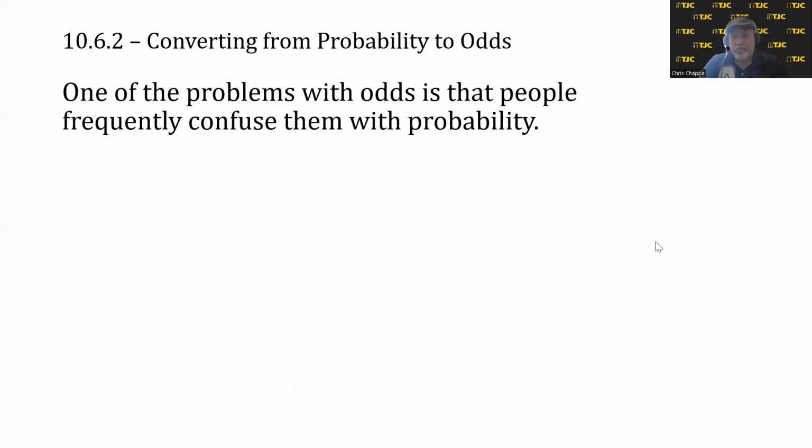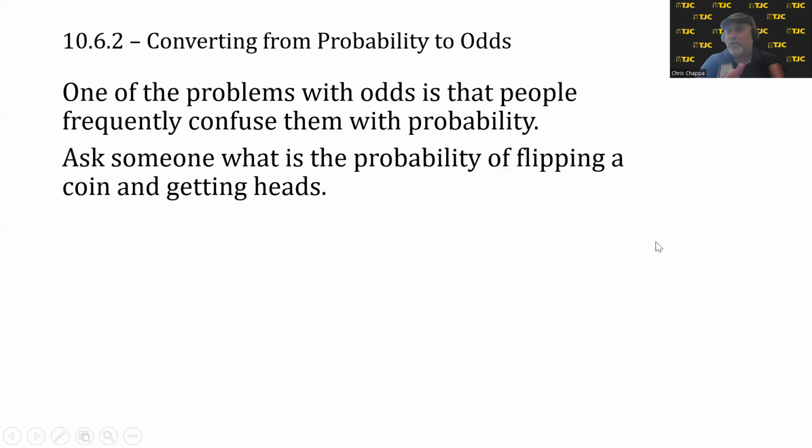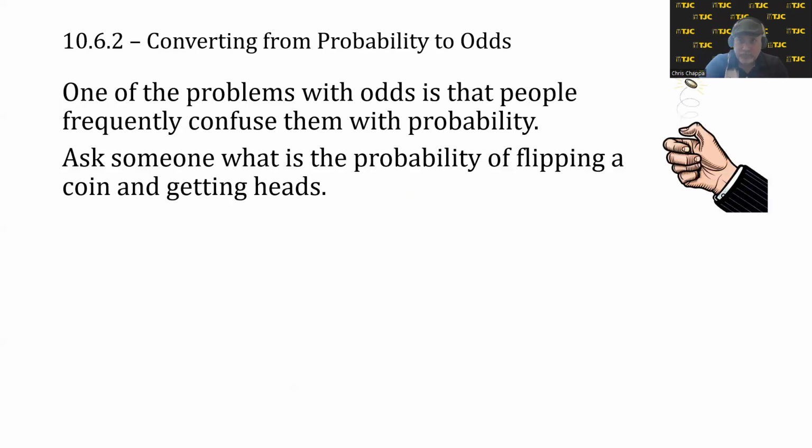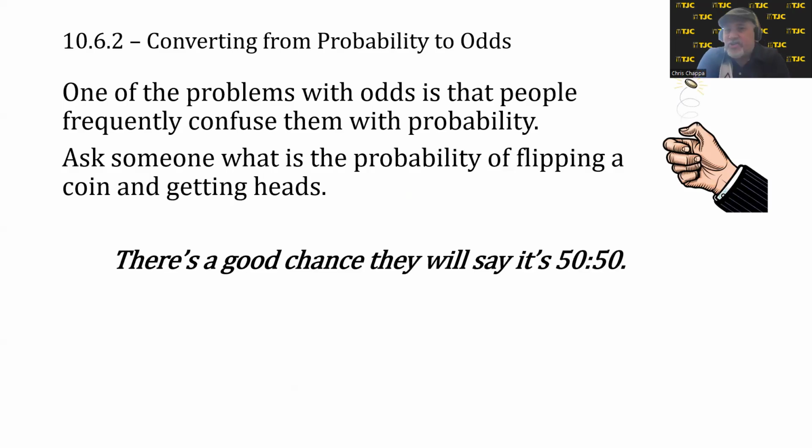To see it for yourself, ask someone, and I'll ask you right now, what is the probability of flipping a coin and getting heads? There's a good chance that you or somebody else is going to say it's 50-50.